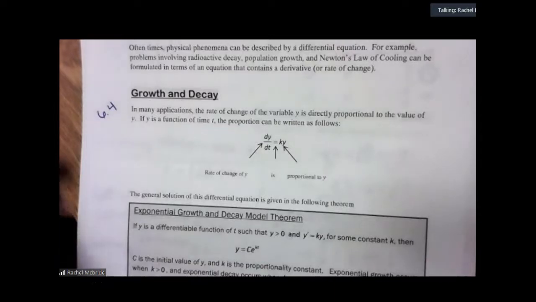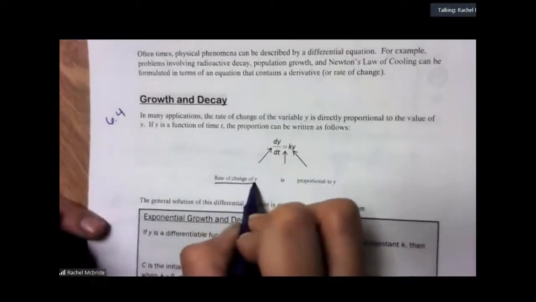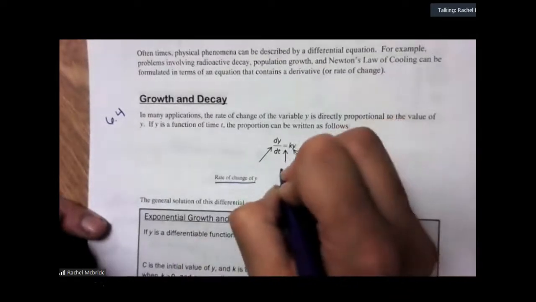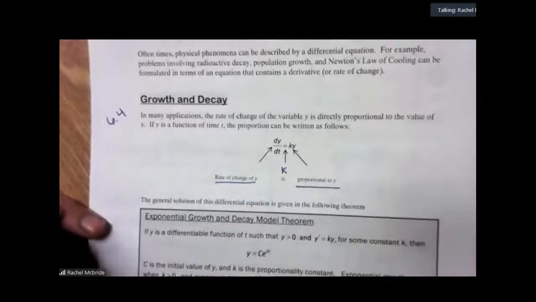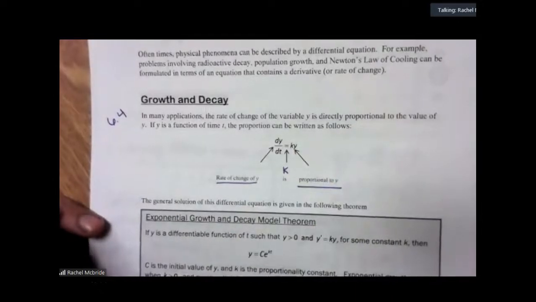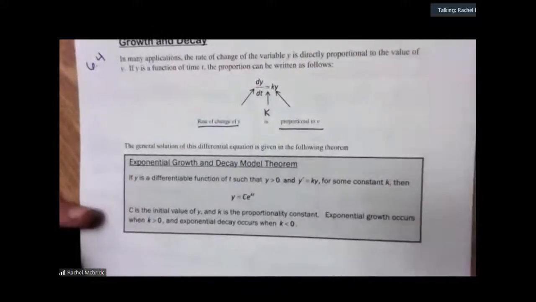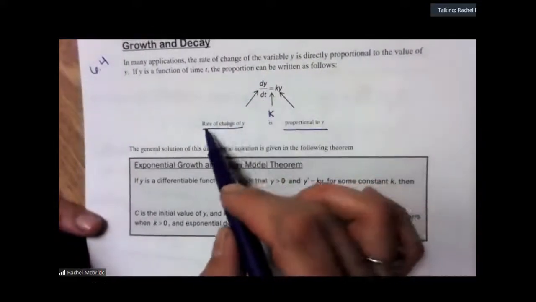So dy/dt represents a rate of change of y proportional to y, where k is the constant of proportion. So we call k the constant of proportion, and we say that dy/dt is our rate.